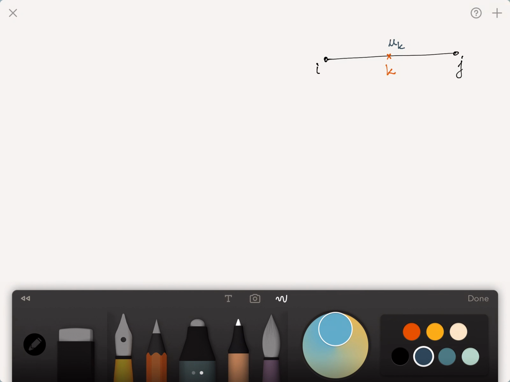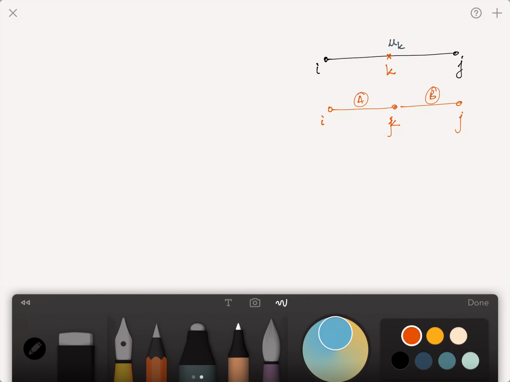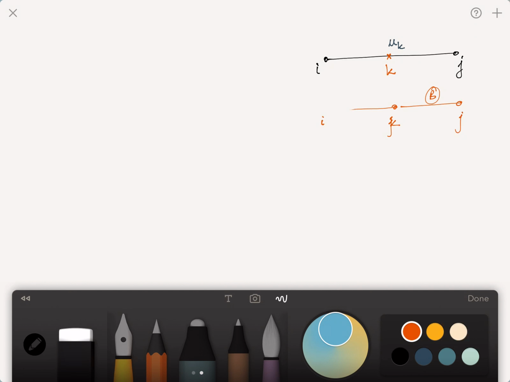Either I could have taken the length of this element and divided it into 2 different elements. One would be element A, ik, and the other one would be element B, kj. This was one way of doing it that we have already dealt with before, and that has to do with mesh refinement by increasing the number of elements.